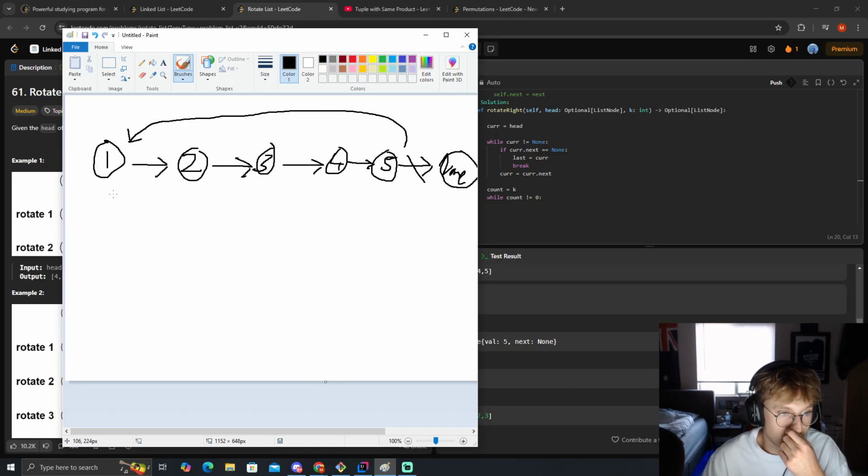I guess swap this. I'm thinking we change the pointer so then it goes here. Wait, we want to do that? Can we do that?